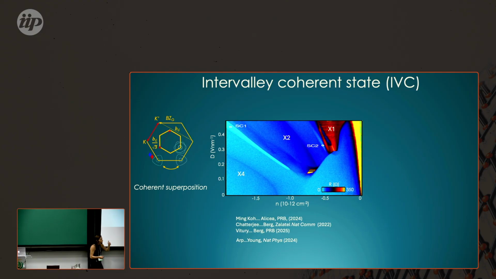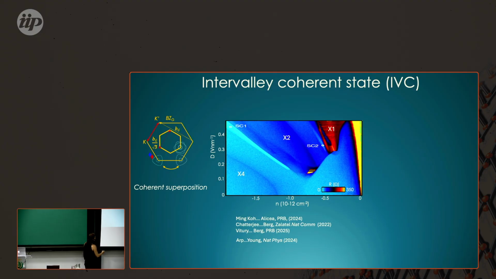Instead of polarizing the isospin in the K or the K prime valley, we actually point the spin in one direction, breaking the U(1) symmetry, and gaining exchange interaction with a minimal cost of kinetic energy due to this momentum-dependent valley splitting, which is generated by this trigonal warping. We actually think of it as these two annuli folded one on top of another.